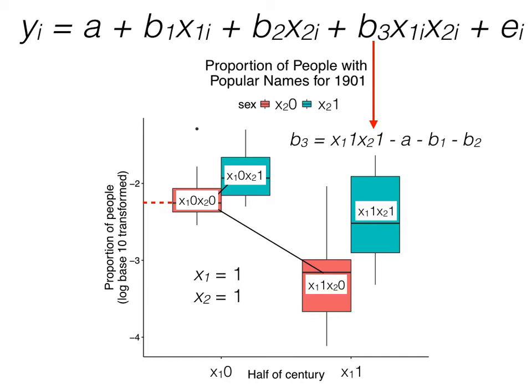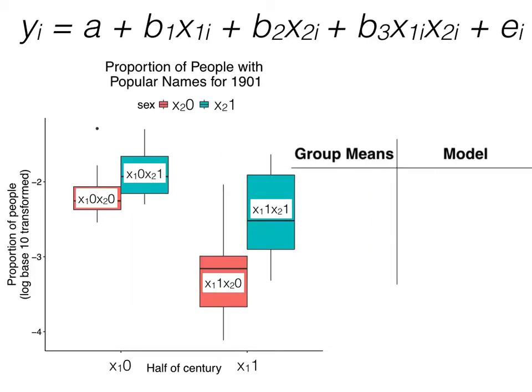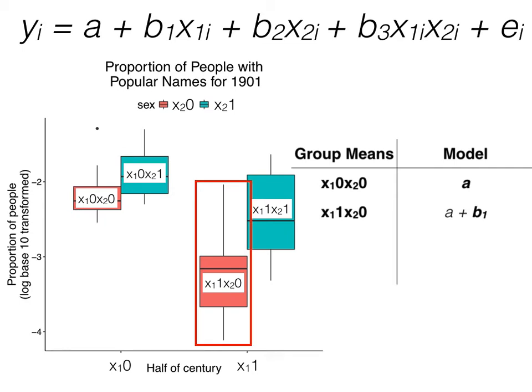To try and make things a little clearer, I've made a table to give you equations to get the means of each of our boxes. Our first box, where both variables are set to 0, is equal to a, or our intercept in the model. Our third box, where x1 is set to 1, but x2 is still set to 0, is equal to a plus b1, where the first box plus the slope of our first variable.